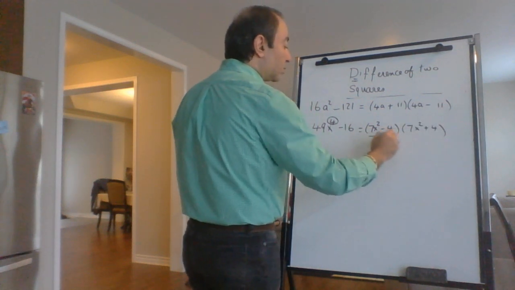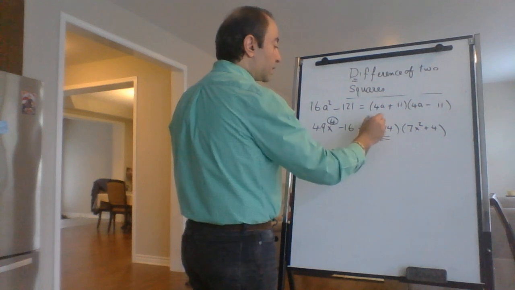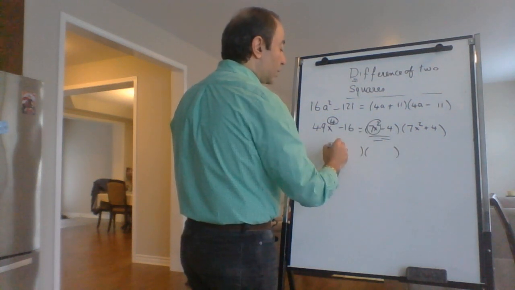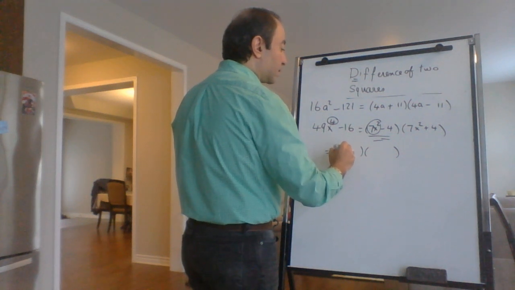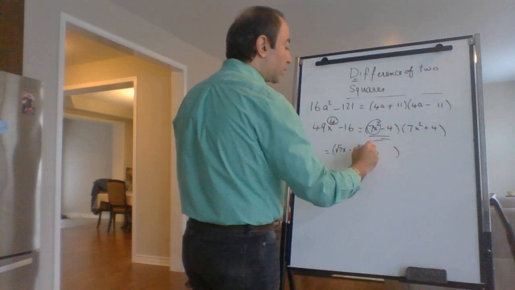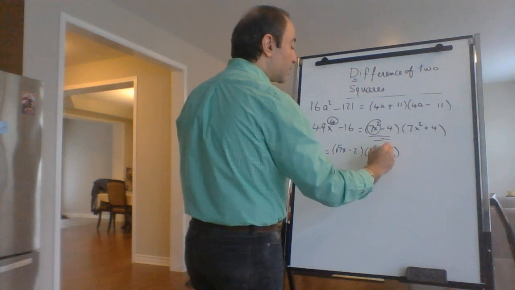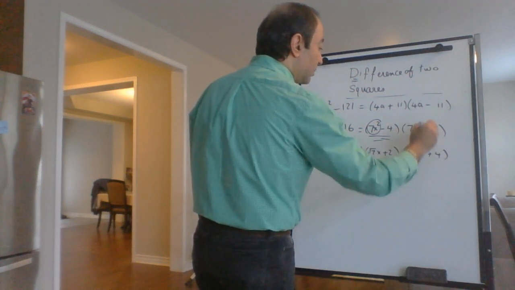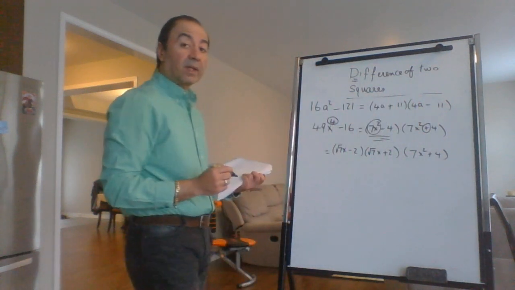This can be factored more actually, because this one, I can factor. I can put here square root of 7x minus 2, square root of 7x plus 2, and this we cannot do anything about because it has a positive in between, right?